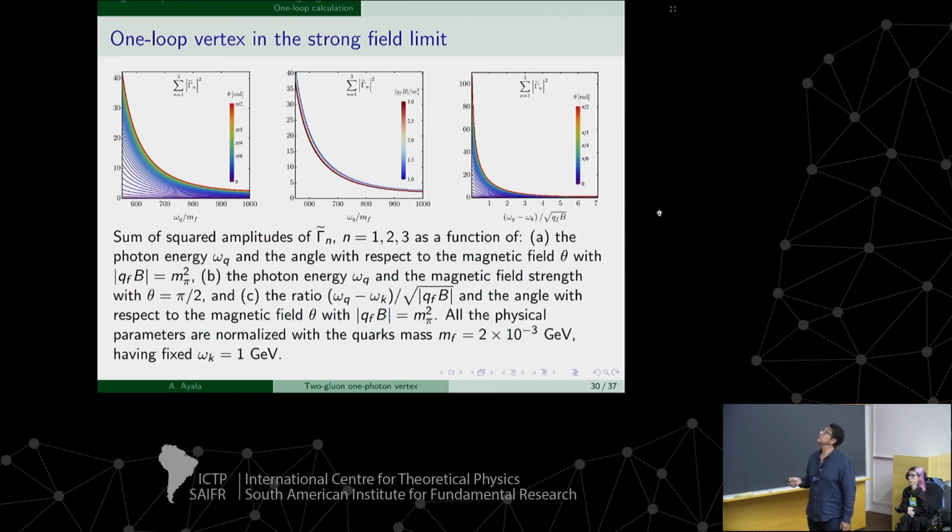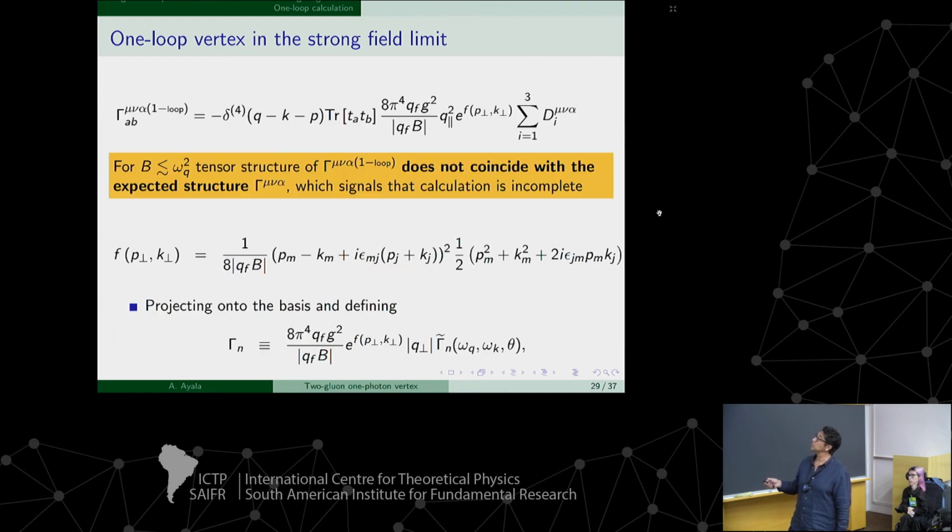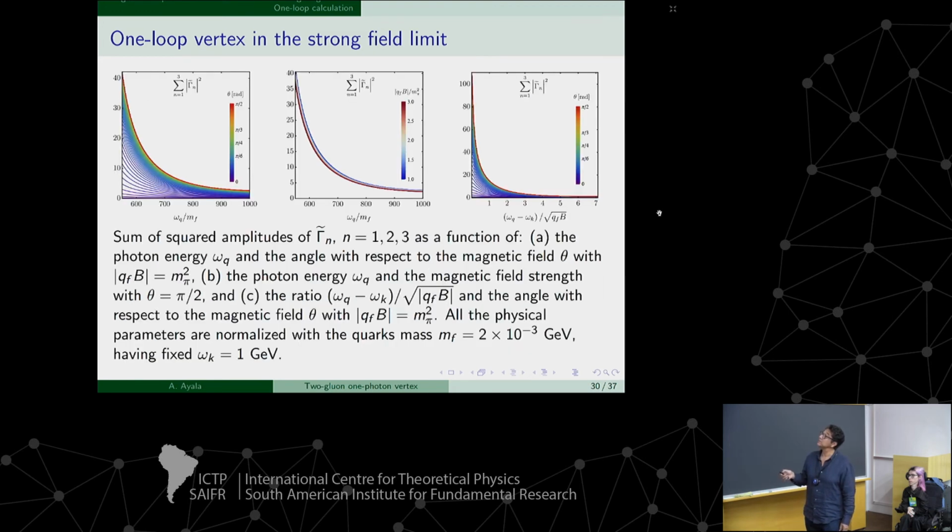So let me just show you this. What I have here is, you see, the result is 2 terms. The sum of these amplitudes for n equal 1 to 3, these are 3 amplitudes, and this guy here has these properties as a function of the energy of the photon divided by the mass of the fermion, and then as a difference of the energies here.